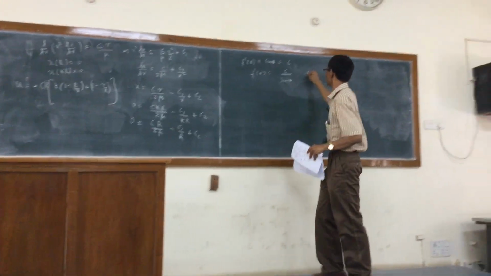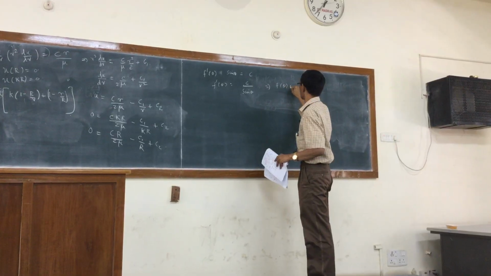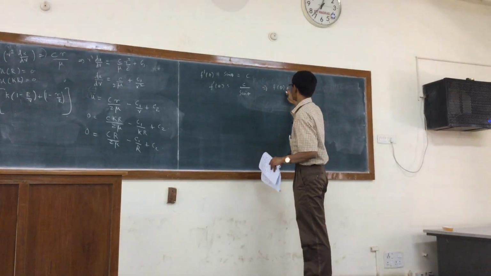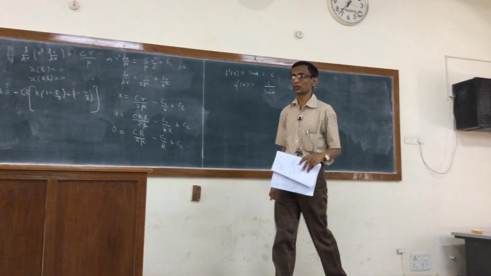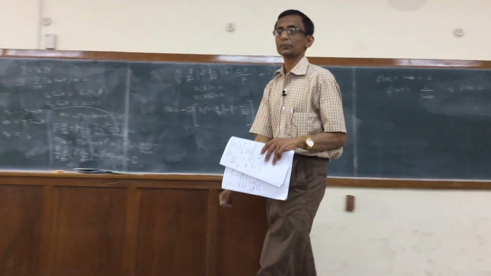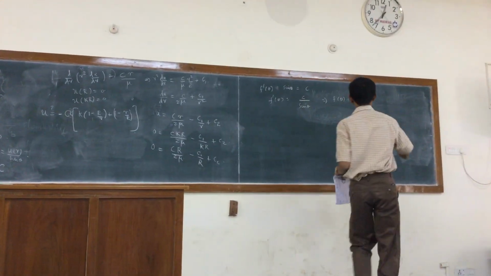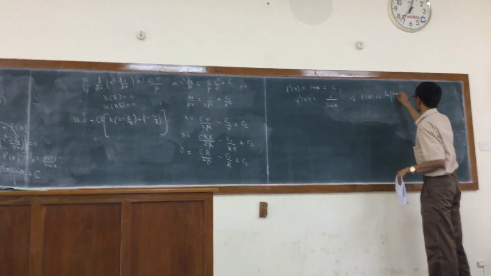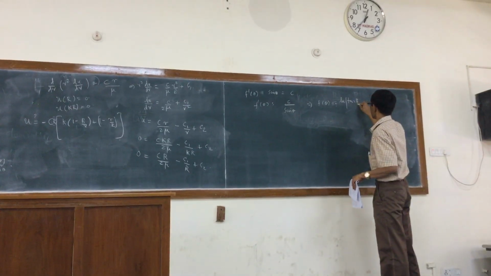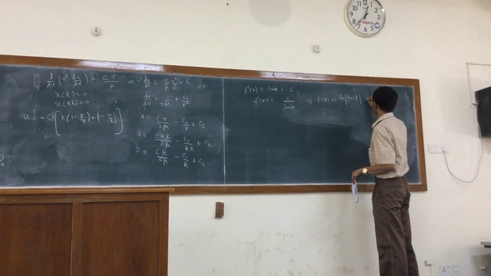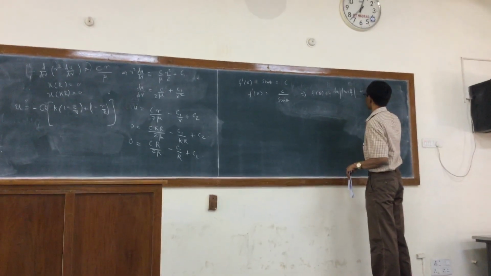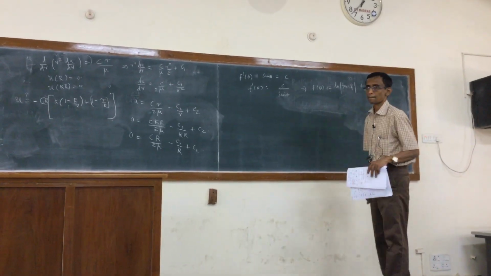And so what is F of theta? F of theta is equal to, now the integral of 1 over sine theta turns out to be the logarithm of tan theta by 2. It's actually logarithm of mod tan theta by 2, right? Plus some constant, let's call it some constant A.